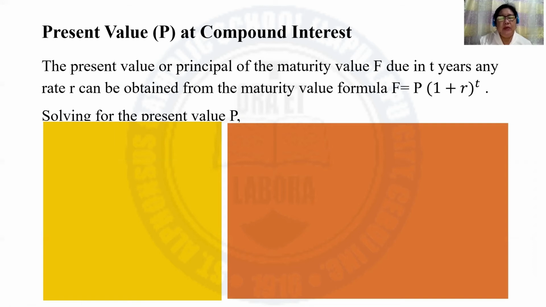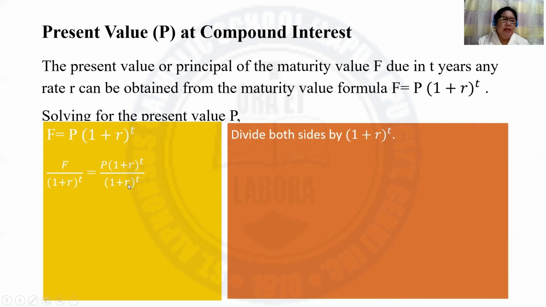The present value or the principal of the maturity value F due in T years, at any rate R can be obtained from the maturity value formula, which is F is equal to P times the quantity 1 plus R raised to T. Solving for the present value P, let us divide both sides by the quantity 1 plus R raised to T, and then simplify, so we can cancel this part, and what is left is F over the quantity 1 plus R raised to T equals P.